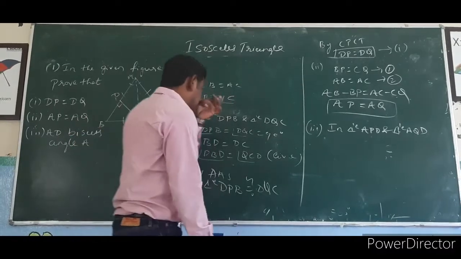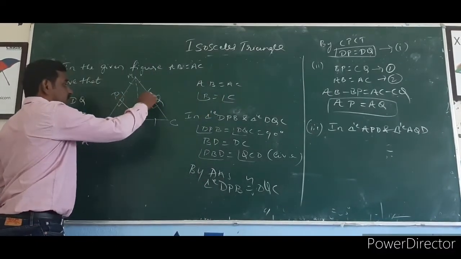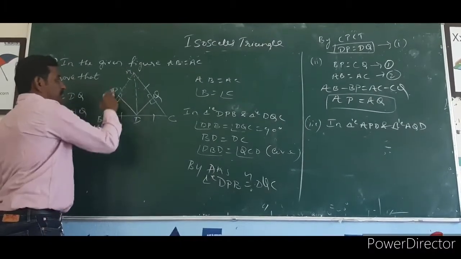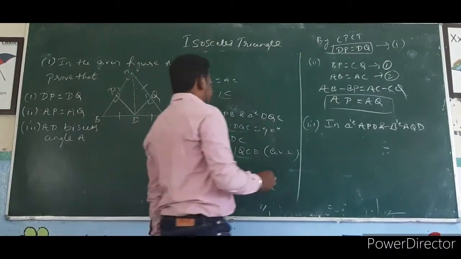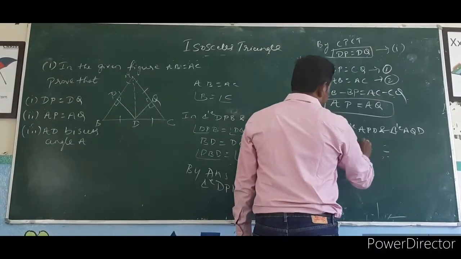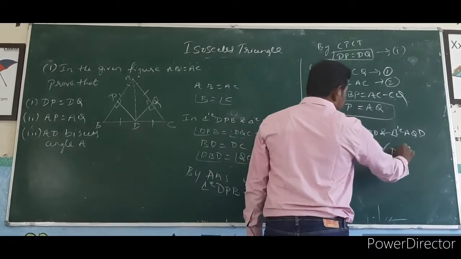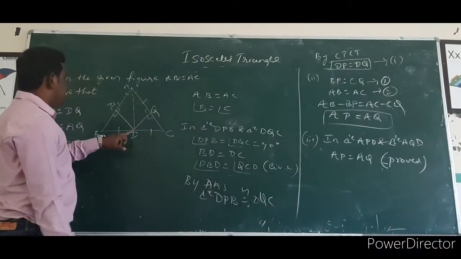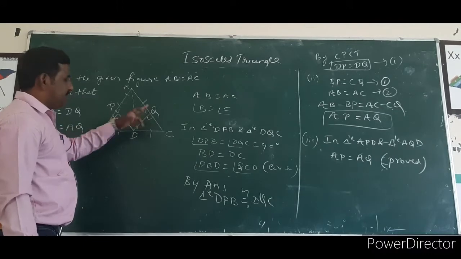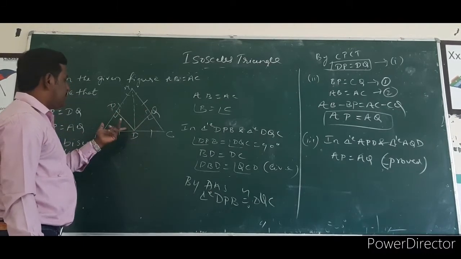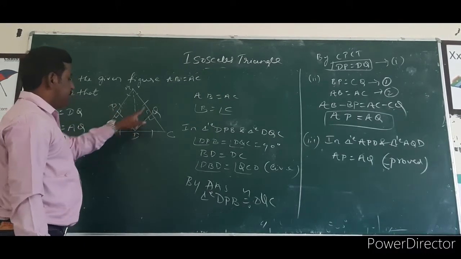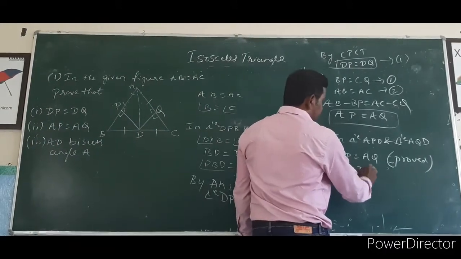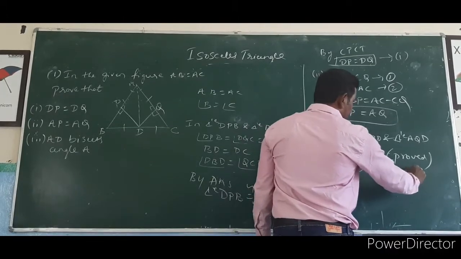This is 90 degrees, so this is also 90 degrees. We already proved AP is equal to AQ in the above case. Then DP is equal to DQ, that one also we proved.